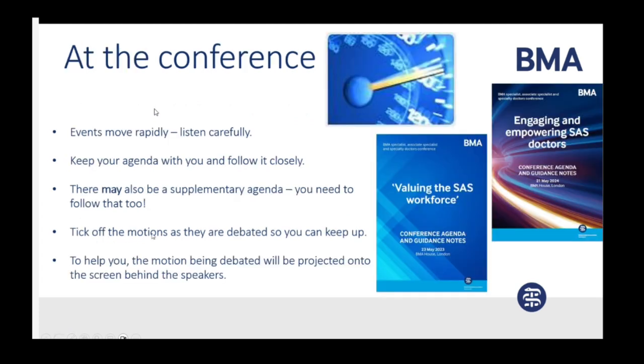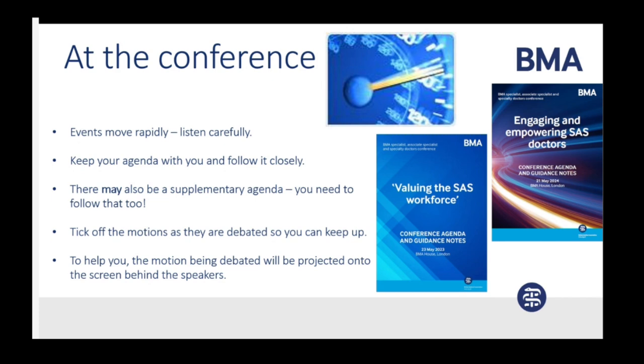So at the conference, events move rapidly, and please listen carefully. Keep your agenda with you. It's digital this time, and you can follow it really closely. It's good to have a read before you come for conference. There may also be a supplementary agenda.